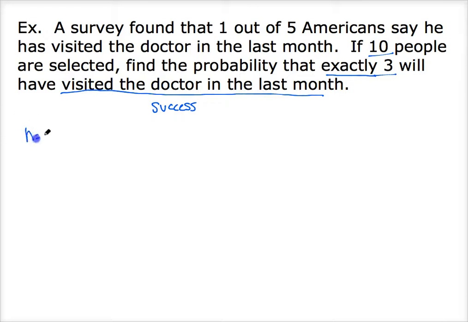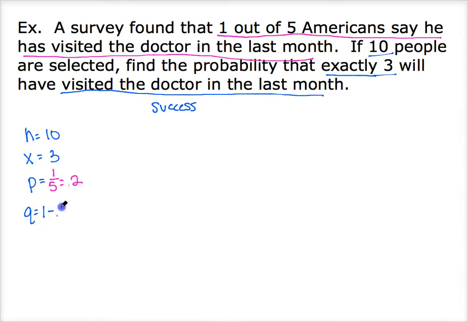So n equals 10, x equals 3, p is equal to the probability of success. 1 out of 5 Americans say he has visited the doctor in the last month. So our probability is 1 out of 5, or 0.2. So the probability of failure is 1 minus 0.2, or 0.8.